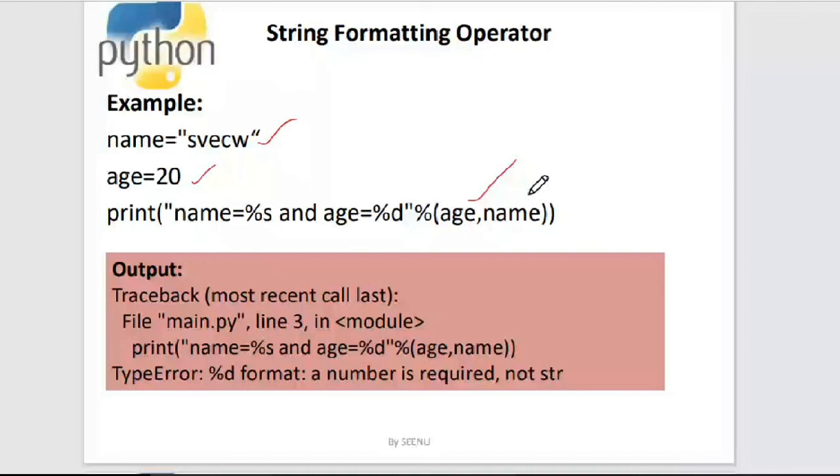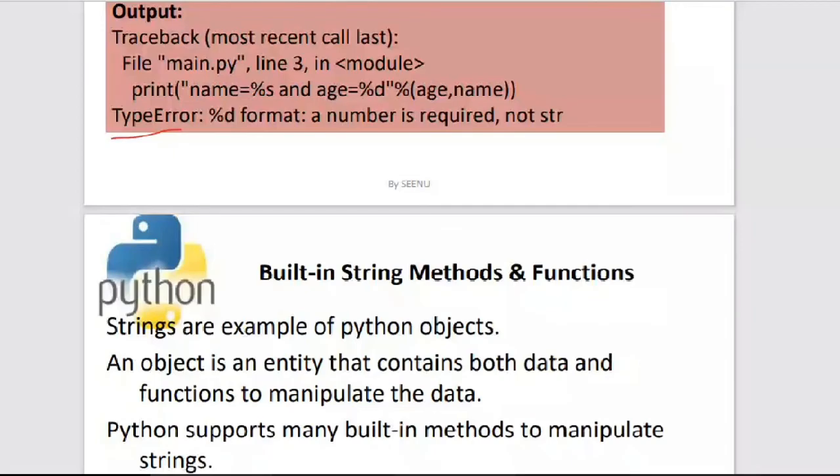The first one is a string, so it's expecting a string, but you are giving an integer. So it gives a type error, saying percentage d format, a number is required, not string. The description of the errors is also given so that it will be easy for you to debug your program.